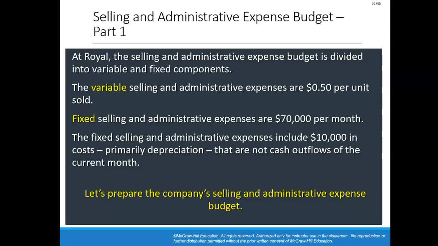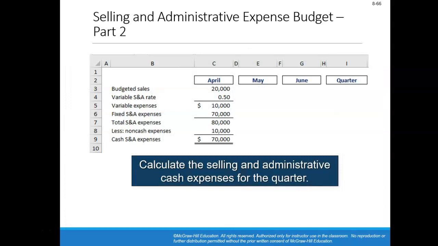Let's see how that's going to impact our selling and admin expense budget. For the month of April, you take your budgeted sales of 20,000 units. Recall that your variable selling and admin rate was 50 cents per unit sold, so the variable expenses would total $10,000.